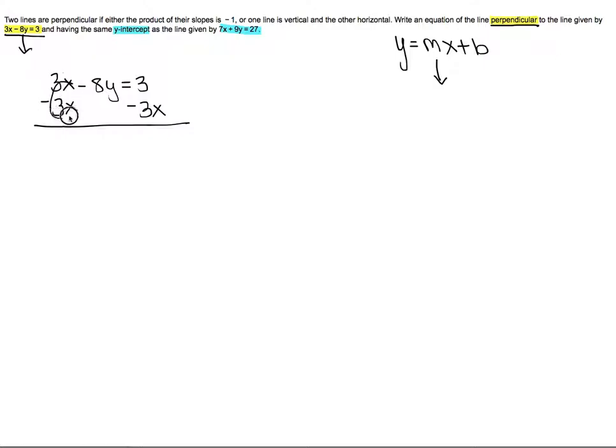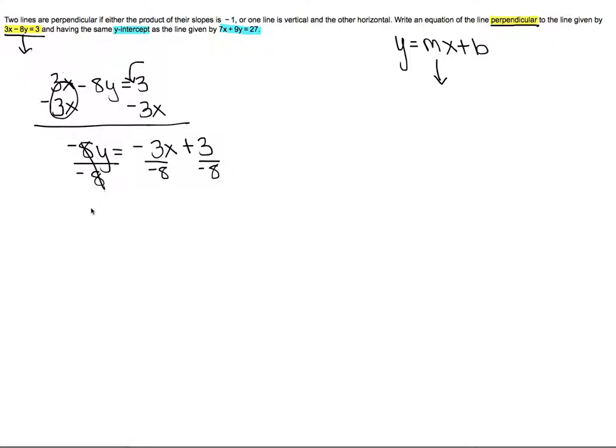So the 3x's go away on the left side, and we're left with negative 8y equals negative 3x. You always put the x term first, plus 3. And notice this 3 has a plus sign next to it because it's positive up here. Okay, now we just need to divide everything by negative 8 to isolate the y.